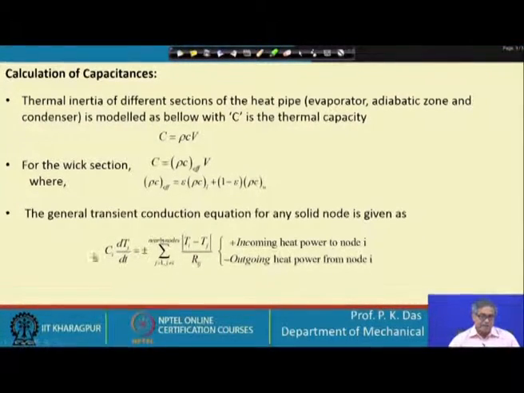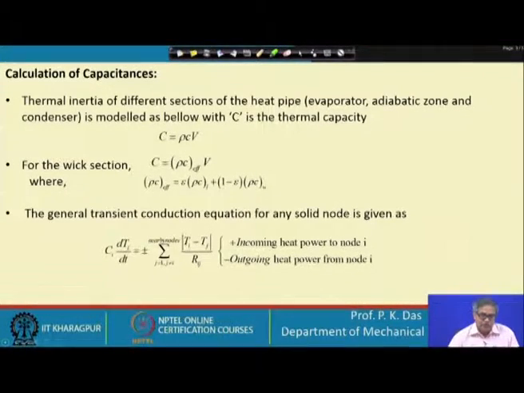This is the capacitance, this is the temperature. Actually, let me tell you that each of the nodes will be denoted by a particular temperature, because each node is a lumped element. So, each node will be denoted by a particular temperature, and how the temperature is changing with time, that is what we want to look into in our transient modeling.